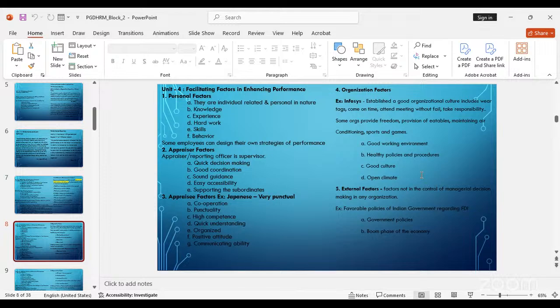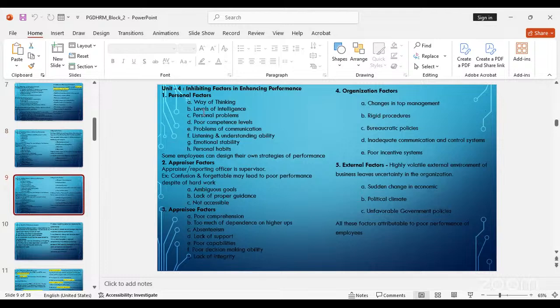From the organizational side, these factors have to be taken into consideration. There are also factors from the external environment, for example, government policies, changes in the government policies, and also the boom phase in the economy. All these are going to impact the performance of the employees.